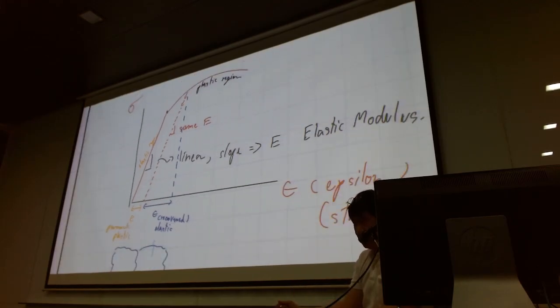Now, in our class, Mechanics of Material, we're going to end our analysis over here. That means we will only cover elastic regions of the material. If you want to cover the plastic region of the material, you have to go to grad school, and you will be taking the class called Mechanics of Material 2, or sometimes they call it Mechanical Behavior.